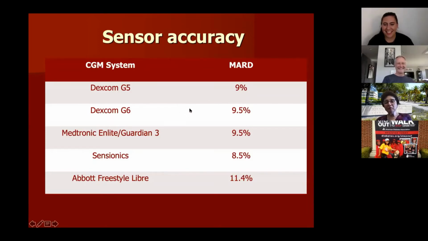So the sensor can show a difference also because of the rate of change and the lag time, right? It may not be that the sensor is inaccurate, but just that the blood sugar is changing fast. Also, different meters have different accuracy, and some meters measure slightly falsely high, some slightly falsely low.